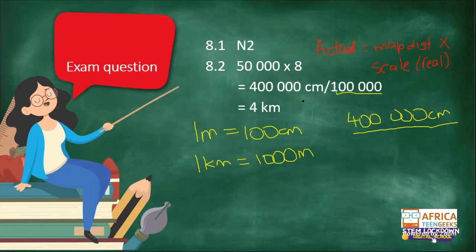So to convert centimeters to kilometers, you first use a factor of 100. Obviously, if you're converting centimeters to meters, you divide by 100. Now, when you have meters, to convert from meters to kilometers, you divide by 1,000. Obviously, 100 times 1,000, your answer will be 100,000.